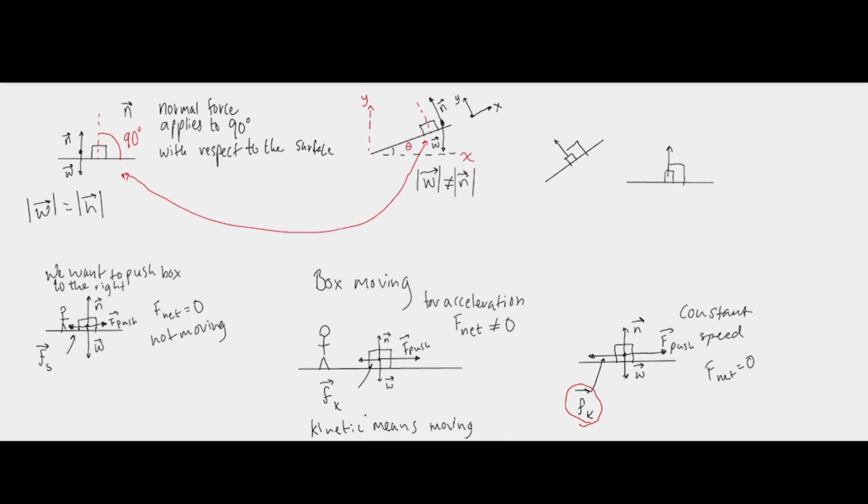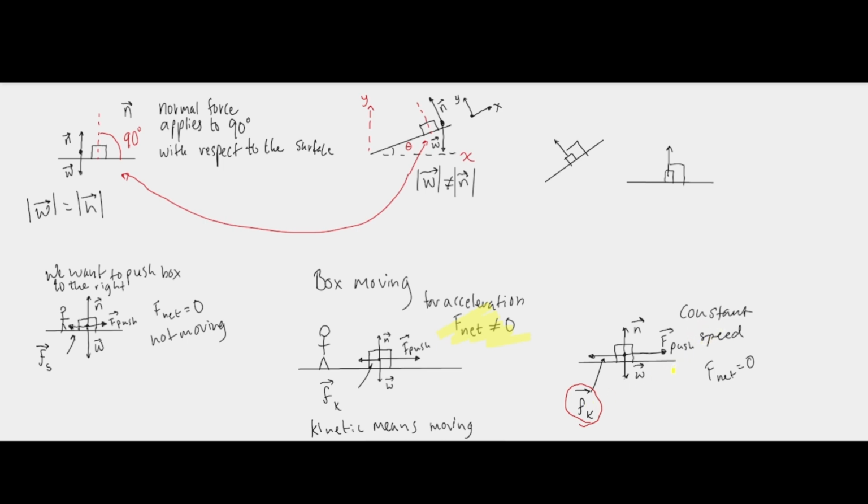So we have acceleration. This is the case where F net does not equal 0 because we have acceleration. Then if your force becomes equal to the force of kinetic friction, well, that's the case of constant speed. This would be no longer under acceleration because F net equals 0. The force of the push is equal to the force of kinetic friction. So this is constant speed.